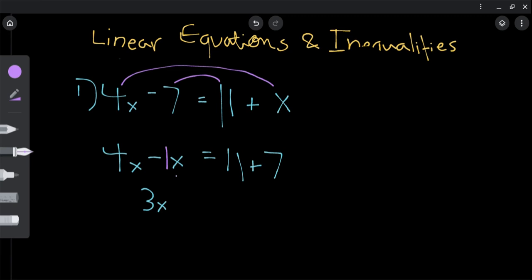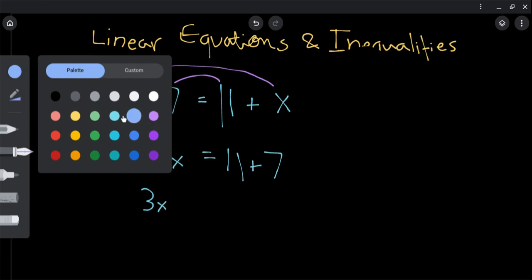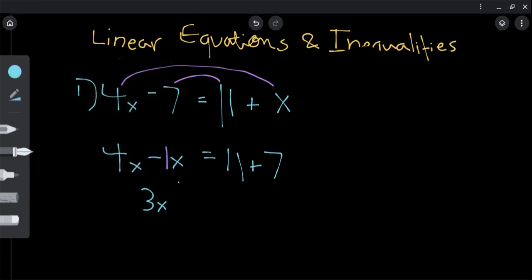So 4 minus 1 is obviously 3, and the x just stays the same. That is going to equal 11 plus 7. So 11 plus 7 is 18, right?